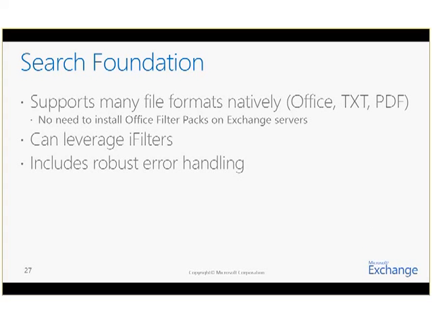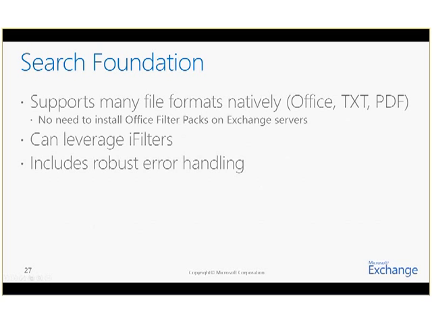Now, in previous versions of Exchange, separate Office filter packs needed to be installed on the Exchange servers for content indexing to be able to index Office attachments. Because Search Foundation supports these file types natively, as well as text files and PDF files, you no longer need to separately download and install the Office filter packs.